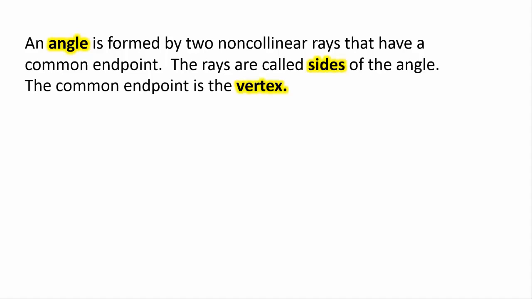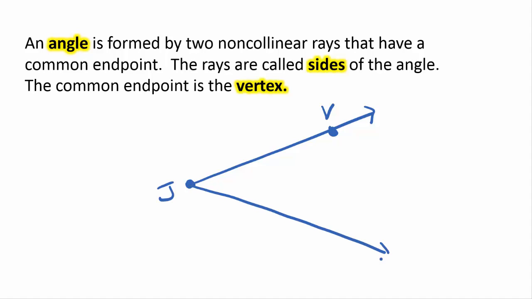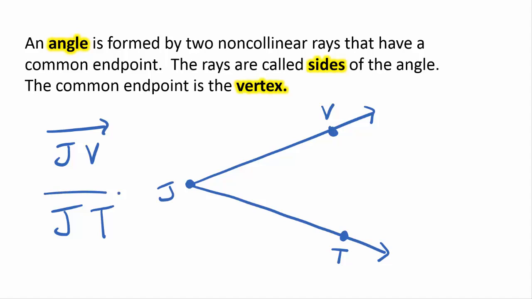An angle is formed by two non-collinear rays that have a common endpoint. So if I were to draw a ray starting from point J, and I'm going to name another point here, we'll call it V, and then have another ray that's non-collinear to JV in another direction, call this one T. Here we have two rays: ray JV and ray JT.